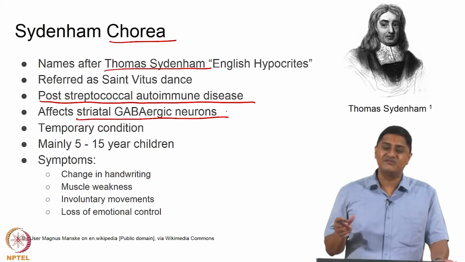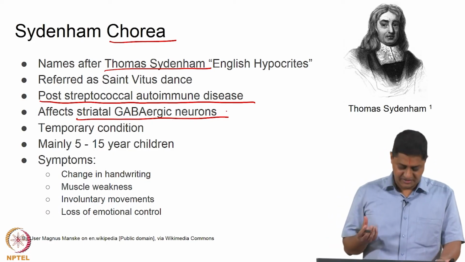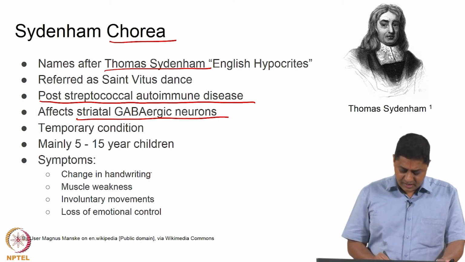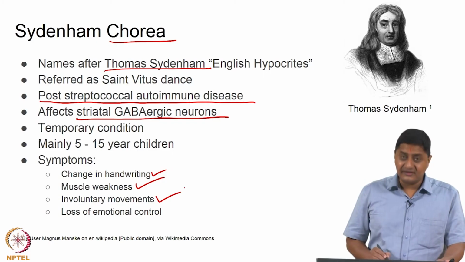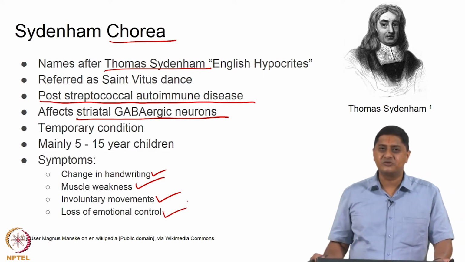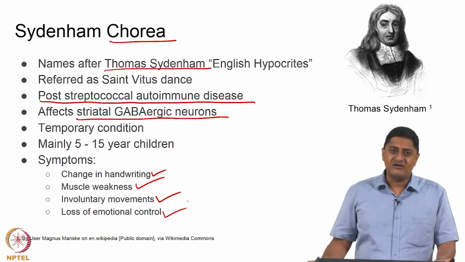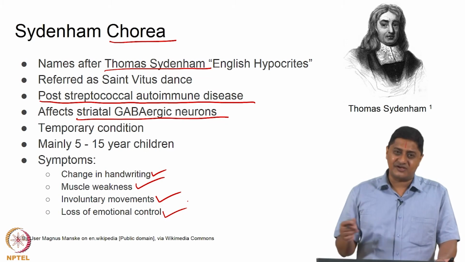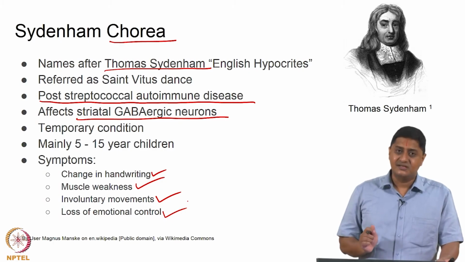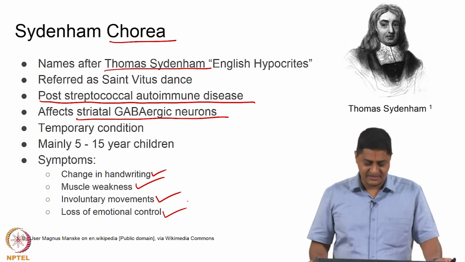It happens between the age of 5 and 15 years. What are the symptoms? Changes in handwriting, muscle weakness, and unwanted or involuntary movements. Unfortunately, this is also accompanied by frequent loss of emotional control as an after effect. So, after the person survives the streptococcal disease, then the person gets this disease.